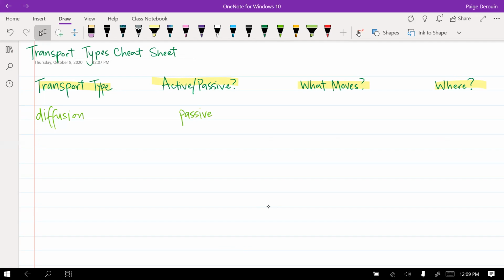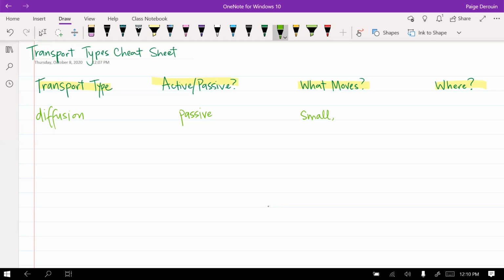And then we're going to think about what type of things are moving. So are they going to be big things or small things? And are they going to be non-polar things or polar things? Smaller things, right? So small. And then what do you think, polar or non-polar? Toby? Polar.